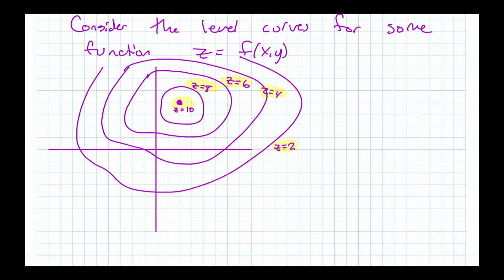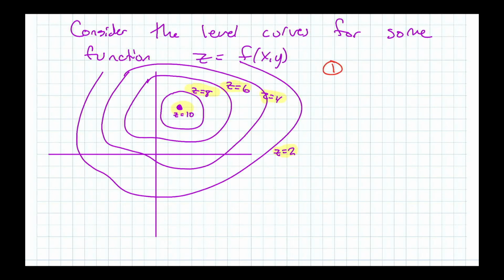Now, one thing you can think about here is this idea. The function does not change along a level curve, right? Let's say you're right here. If you travel this direction or this direction, the function is still z equals 4, right?